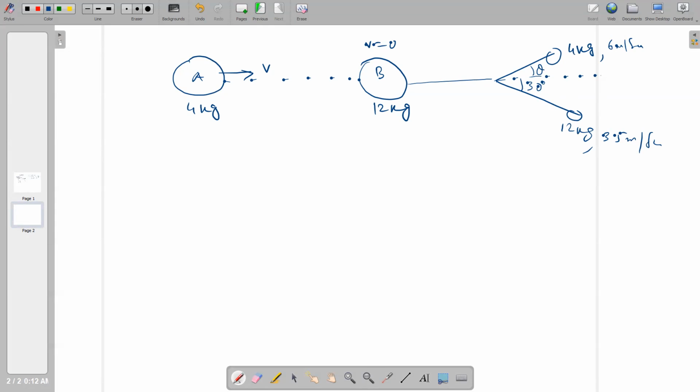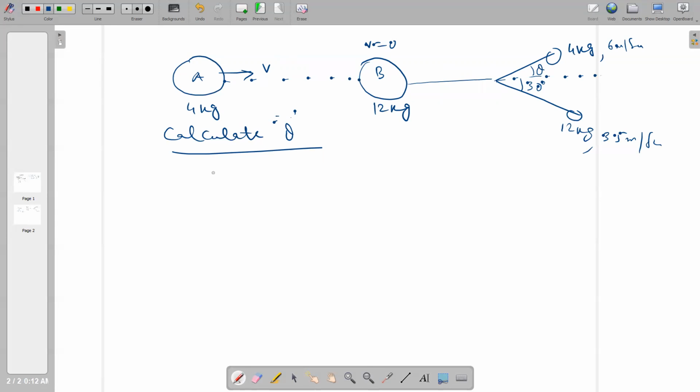Now the first question is, calculate this angle theta. So to calculate theta, what we have to do? We have to write the equation in the x-axis and in the y-axis form. So first, to solve this problem, it's better and easy way to write the momentum equation in the vertical direction.